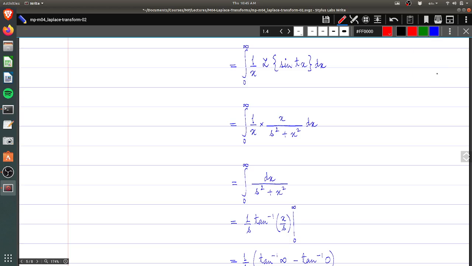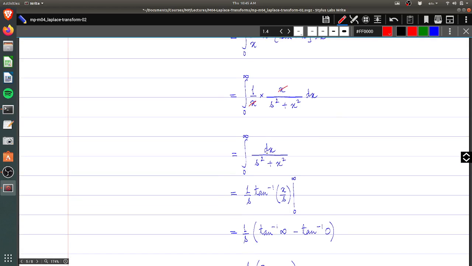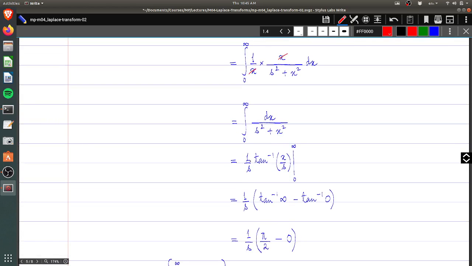Now this x and this x get cancelled out, and as a result we get the integral of dx by s square plus x square. This is a standard integral. The result gives you the tan inverse function, 1 by s times tan inverse of x by s.